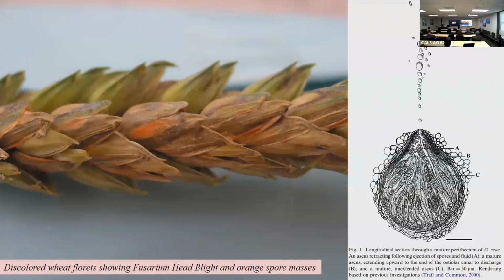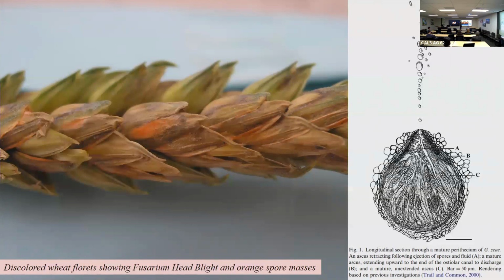Now, one of the main causal organisms of this is Fusarium graminearum, which makes these fascinating structures called perithecia, which are essentially fungal cannons. And what they do is they forcibly eject spores at rates of 800,000 G. That way they can make it into the wheat canopy. Now the thing is that the rate at which these fire off, the rate at which they're made, and the rate at which they mature increases with relative humidity and temperature.